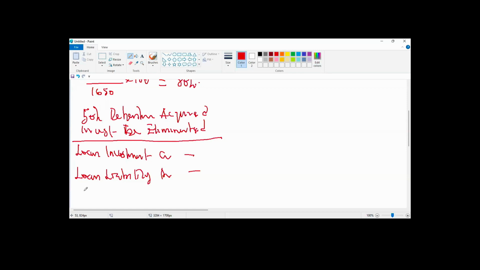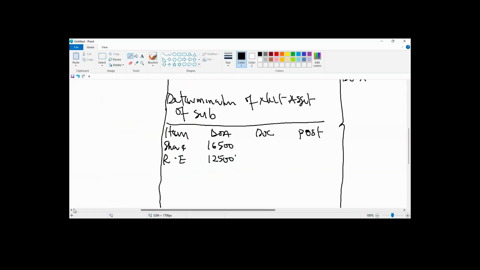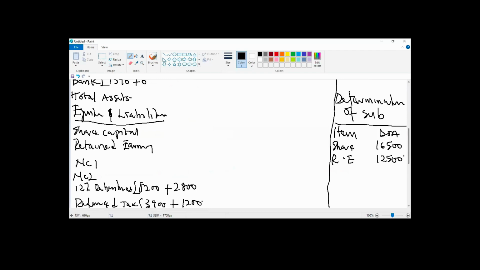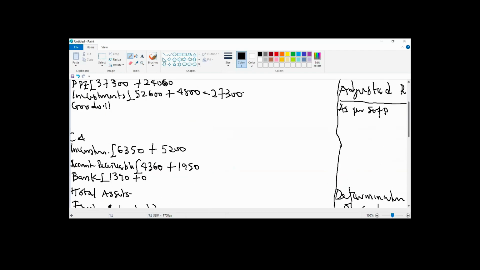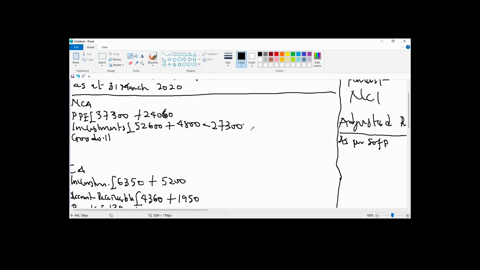Just say 50%. Parent is 82, subsidiary is 28. He acquired 50% of 28, 0.5 times 28, because the subsidiary debenture is 28, so 14. Minus 14. Minus 14. I'll go and close the debenture, loan investments, minus 14.